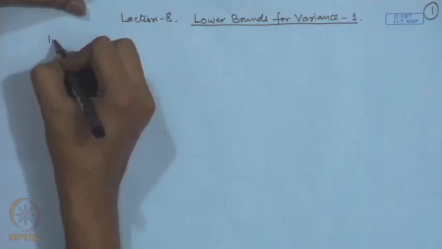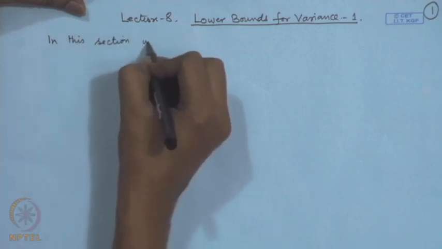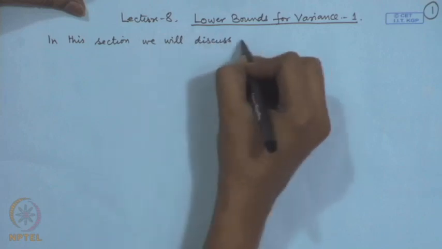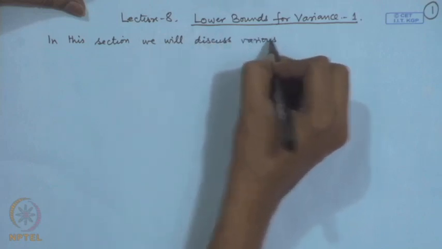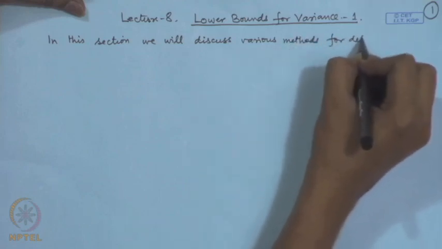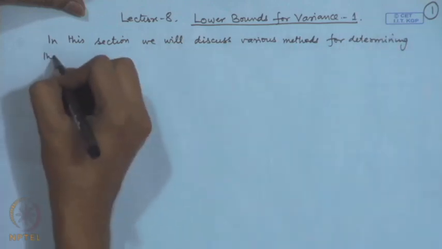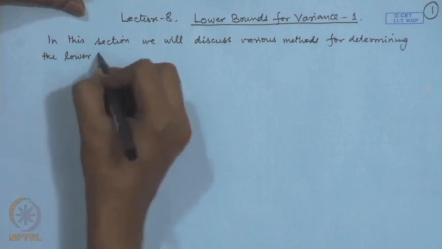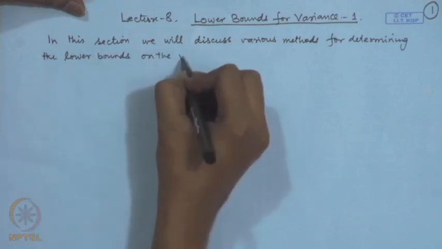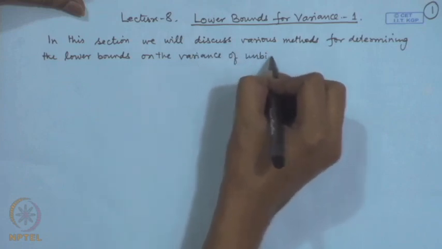So, in this section we will discuss various methods for determining the lower bounds on the variance of unbiased estimators.